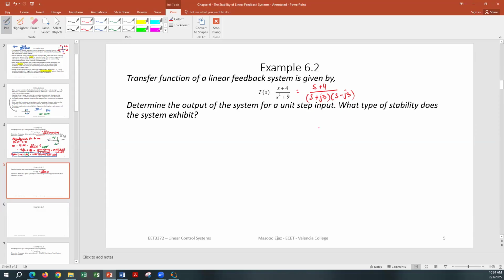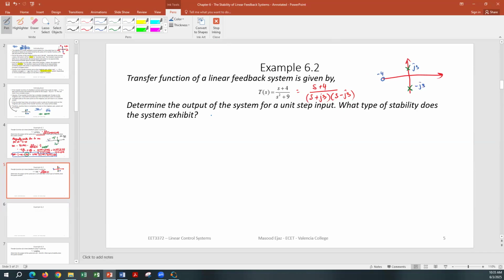All right, what type of stability do we have? It's a marginally stable system because you have complex conjugate roots on the y-axis. Here is the pole zero plot: j3, negative j3, and we have a zero at s equal to negative 4. So that is the pole zero plot of the system.